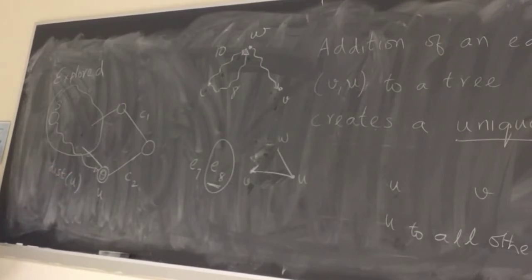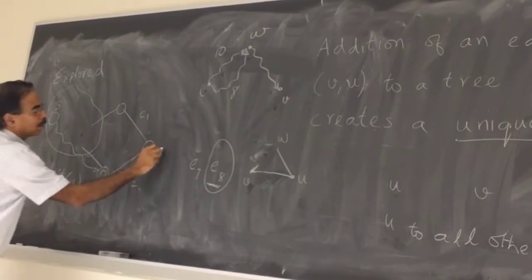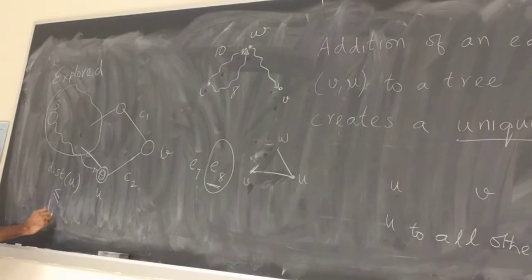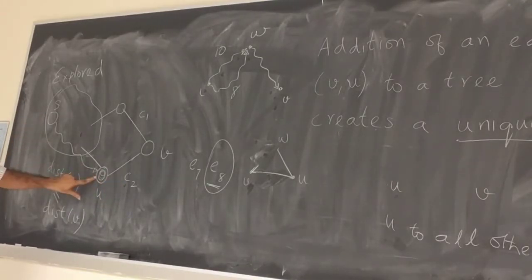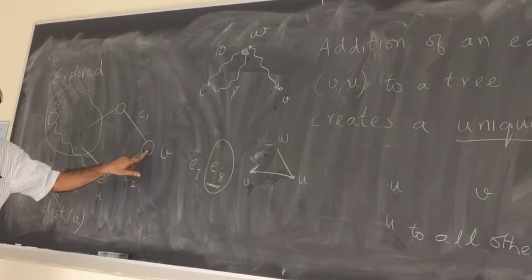dist of u is less than or equal to dist of v, right? Because if C2 is positive, then this distance should be less than or equal to this distance of going from S through U to V. Okay?